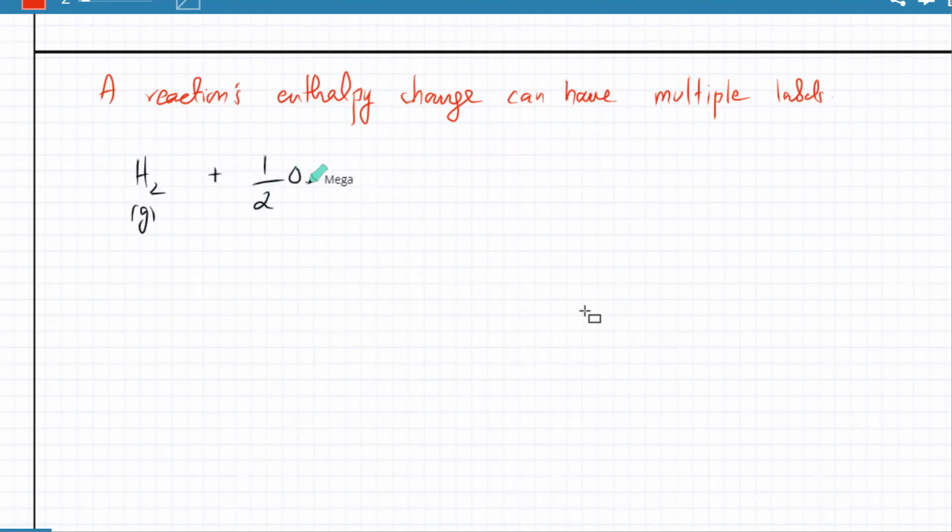So 1 mole of hydrogen reacts with oxygen and produces H2O in liquid state, and the oxygen is a gas as well.